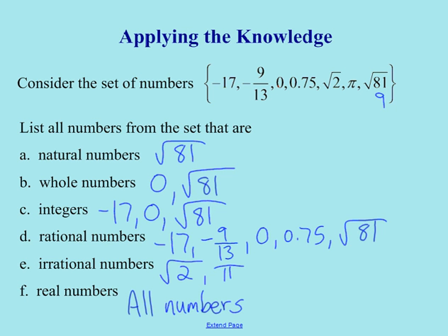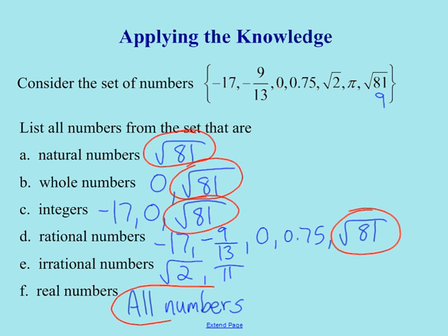So this is a good example. You can see that in many cases we have numbers like the square root of 81 is natural. It's also a whole number. It's also an integer. It's also a rational number. It's also a real number, right? And there are other examples here that also fall into multiple subsets of the set of real numbers.